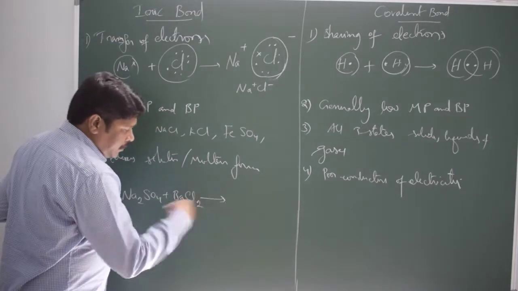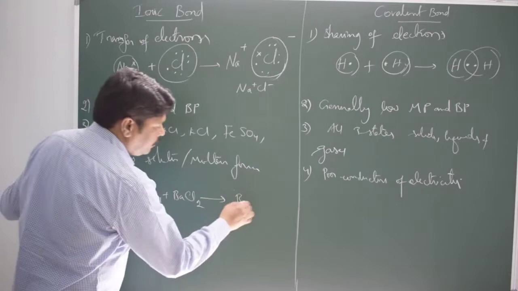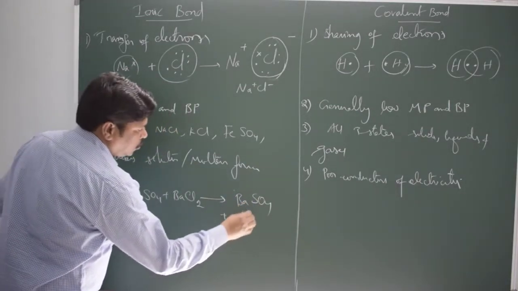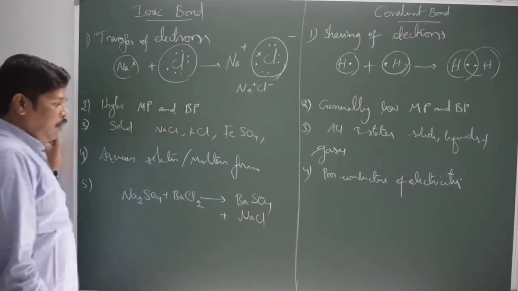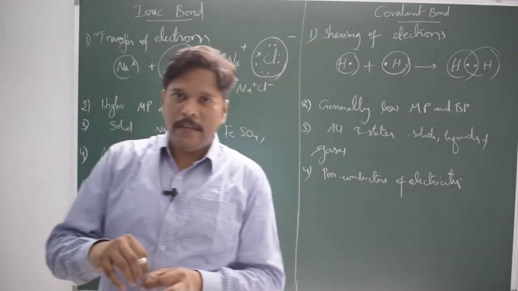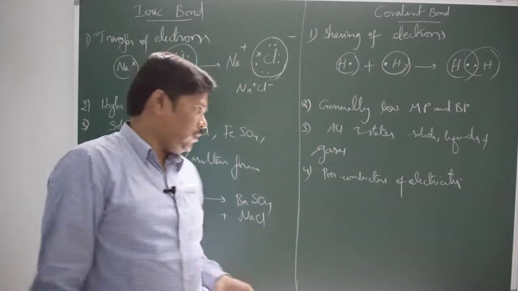Immediately when you mix them, they result in a solid precipitate of barium sulfate, and then you will have sodium chloride solution. So this reaction takes place instantaneously. Ionic reactions take place very fast.